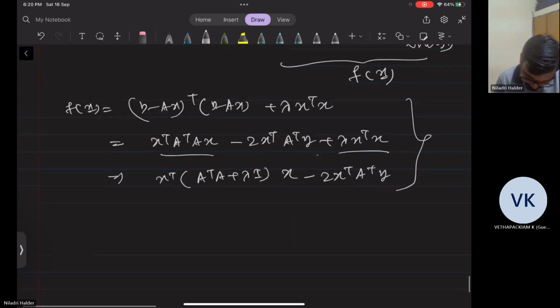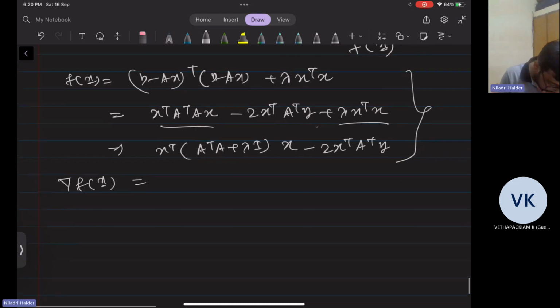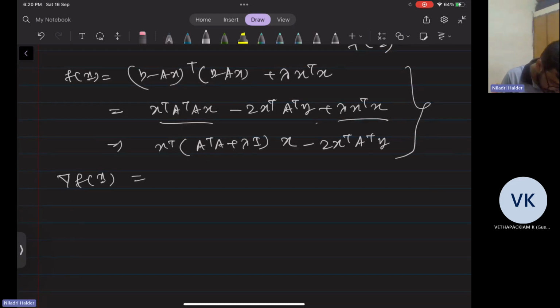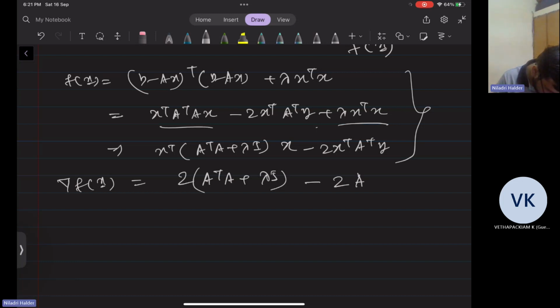Now we'll find the gradient of f of x. Gradient of f of x is equal to 2A transpose A plus lambda I, minus 2A transpose y.